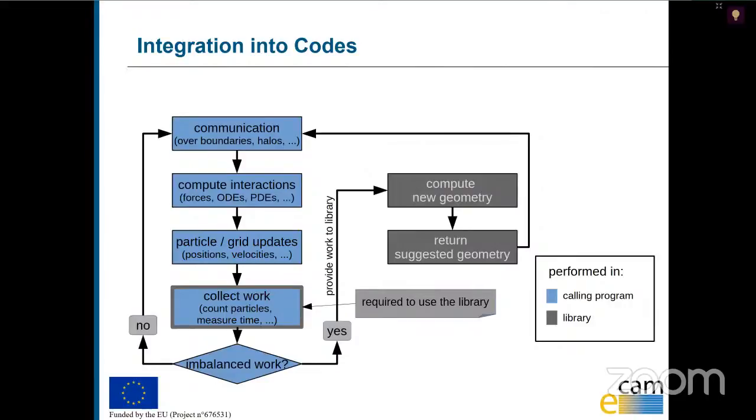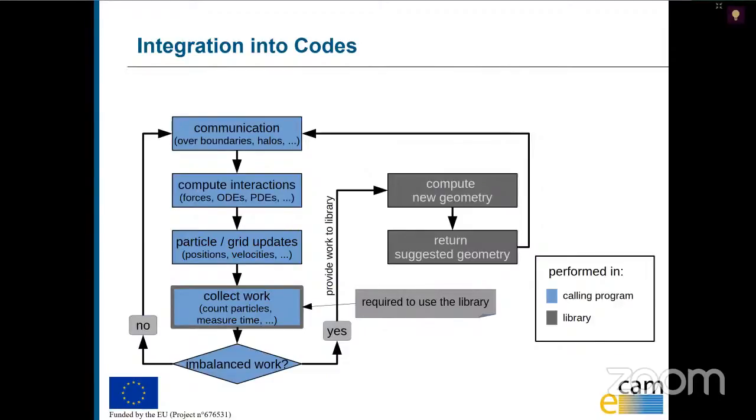You have a communication step where you transfer data over the boundaries or communicate halos, which might be required in order to be able to compute the interactions in the next step. These might be forces that act between different particles or the solutions of different kinds of differential equations.